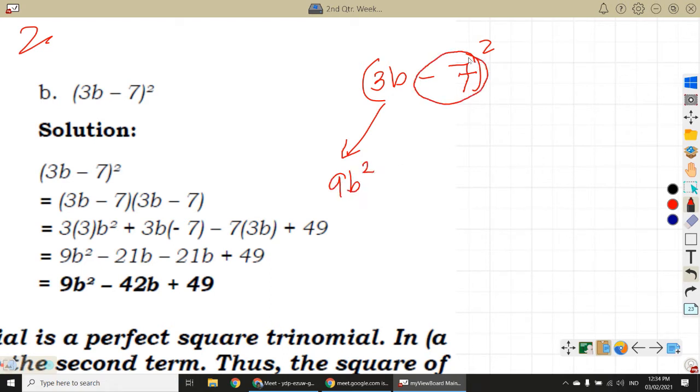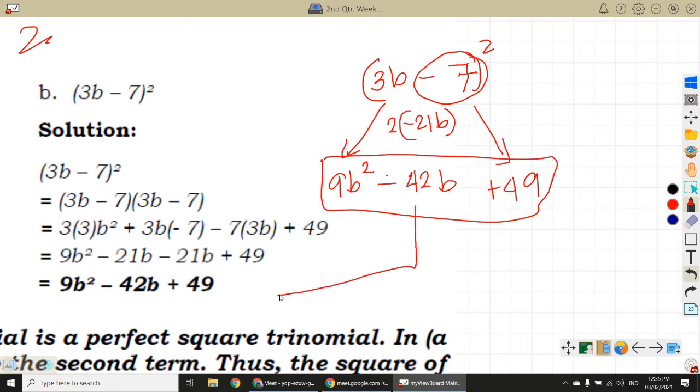Kunin natin ang square nito, this becomes positive 49. Pagkuha ng middle term, i-multiply natin parehas. Pag i-multiply, negative 21b. Tapos, laging i-multiply sa 2. That will be our final answer. Negative 42b. Iyon ang ating final. 9b squared minus 42b plus 49.